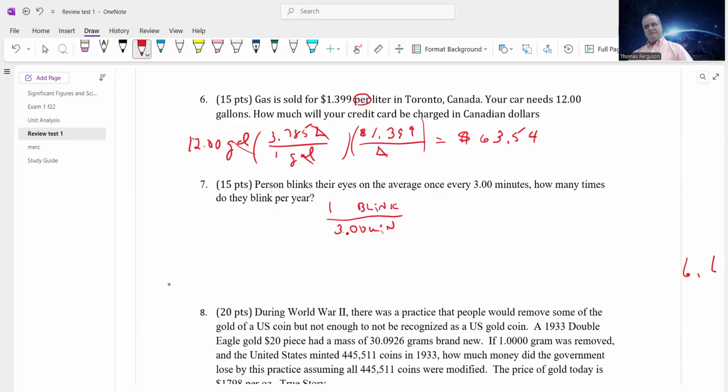I blink a lot more often than that. Okay, and then we have, how many times do they blink per year?